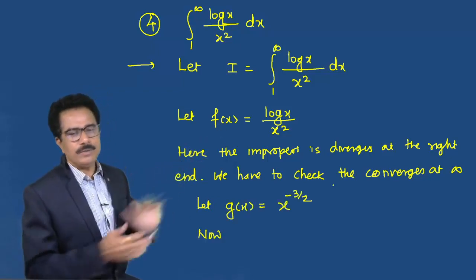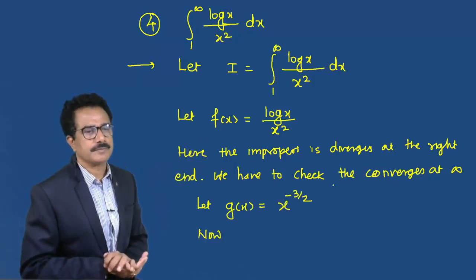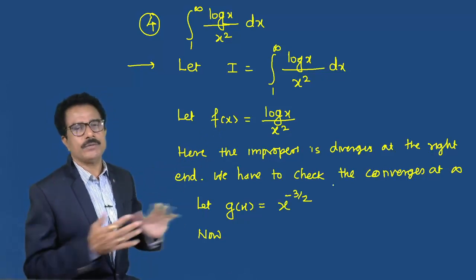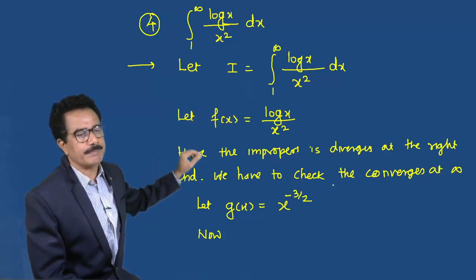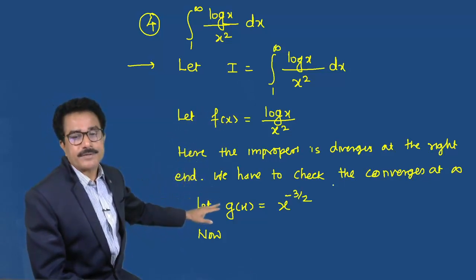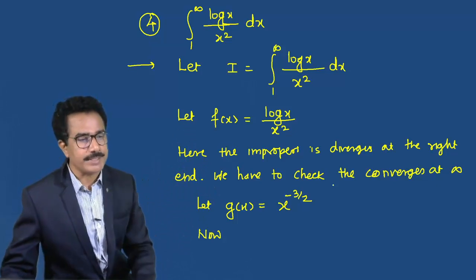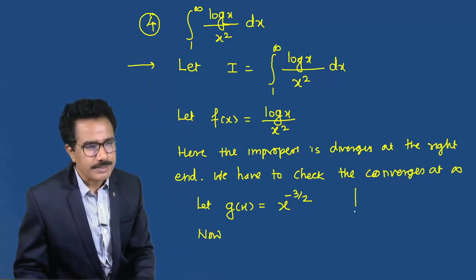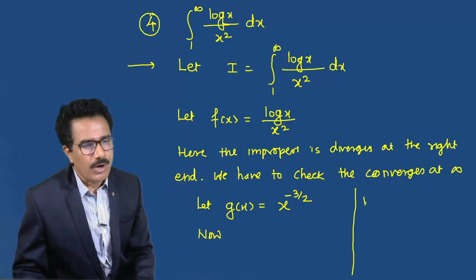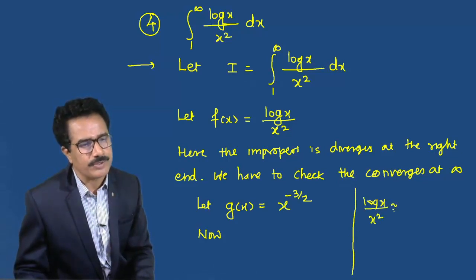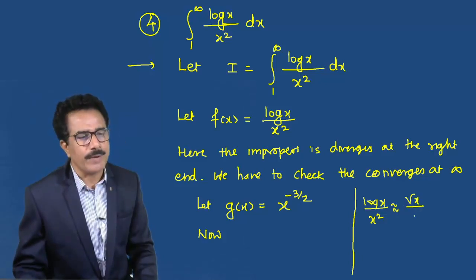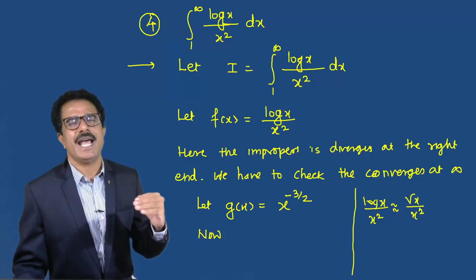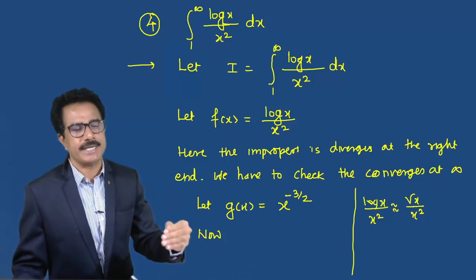First of all, see this, f of x is equal to log x divided by x square. We have to consider g of x in such a way that log x divided by x square is approximately equal to root x divided by x square, which means log x behaves like root x.